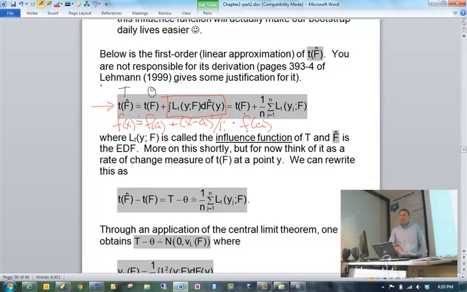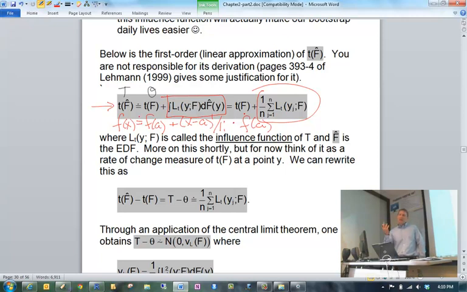Notice the subscript t there. That's to say it's the influence function of t. Also, something inside this influence function is dependent upon knowing the actual distribution f. And we're going to integrate with respect to f hat. Since we're integrating with respect to f hat, and this is the EDF, notice what happens. Essentially what we're doing is we're summing, and we have a 1 over n out there instead.